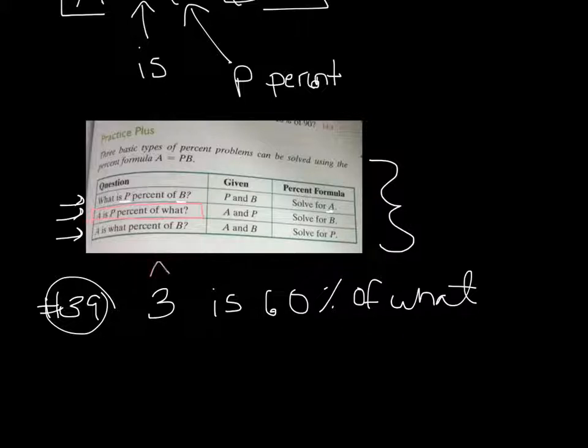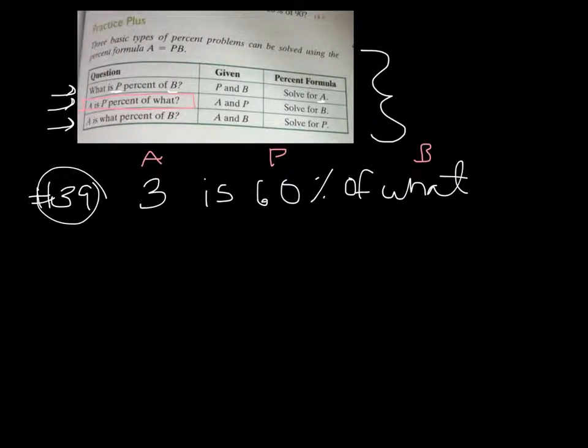Where this would be your A is P%, right, of what, and of what would be your B. Or you can say, well, just translate. 3 is means equals. 3 is 60%. Well, we want to write it as a decimal. So 0.6 or 0.60 of what?